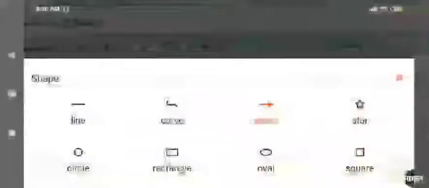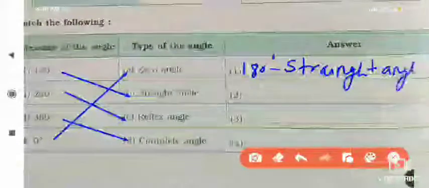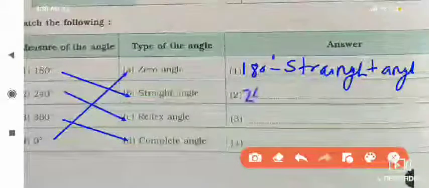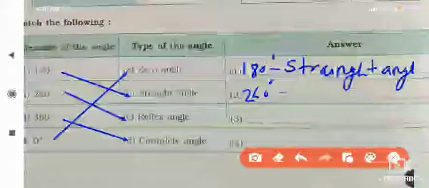Okay. So we have to write this down here. For the first, what will you write here? 180 degrees is which angle? Straight angle. For the second, 240 degrees means which angle? That is a reflex angle.